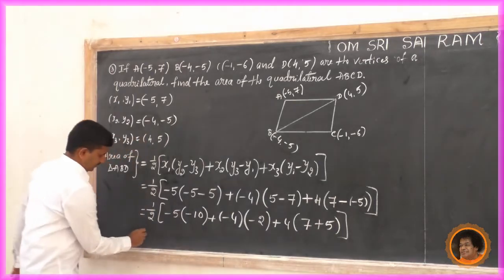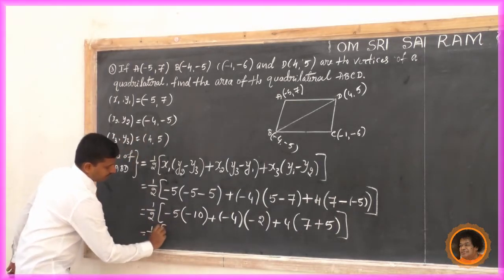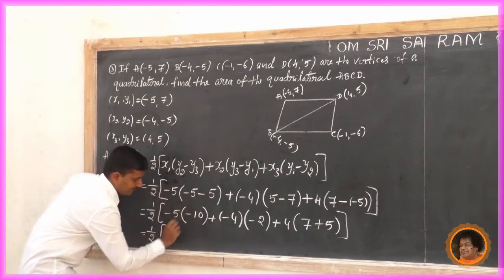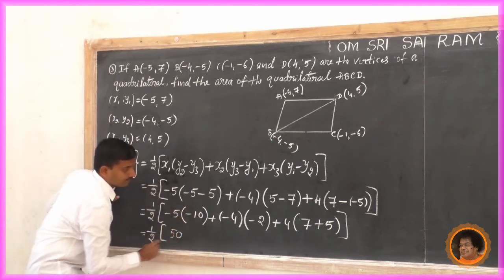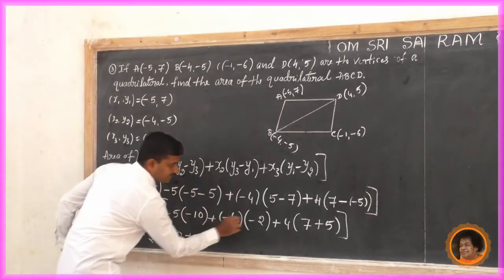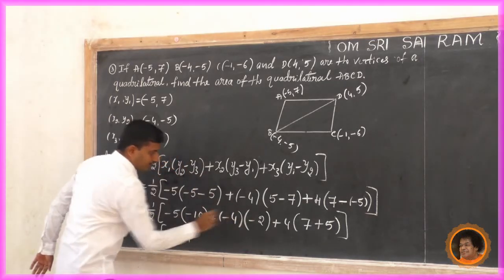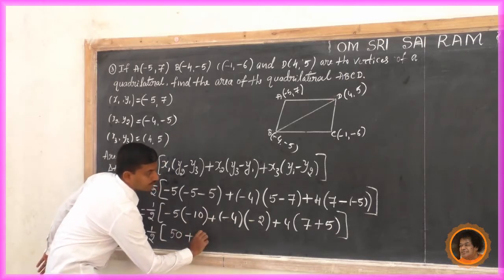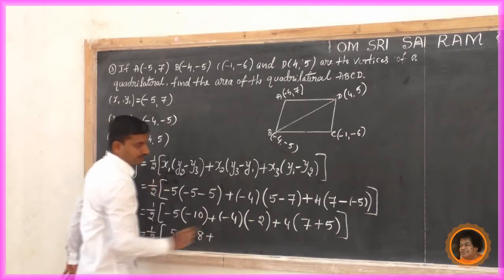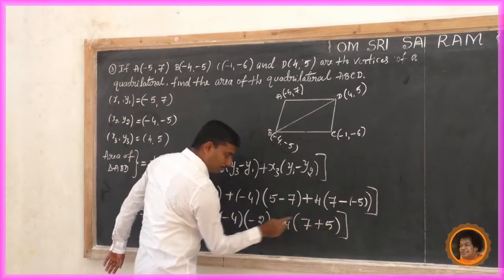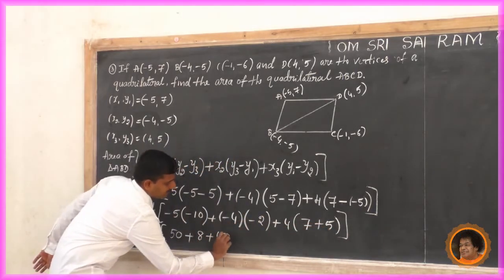So next, equal to half into minus into minus, that is plus 10 into 5, 50, plus minus into minus, plus 4 into 2, 8, plus 7 plus 5, 12, plus 4 is 48.